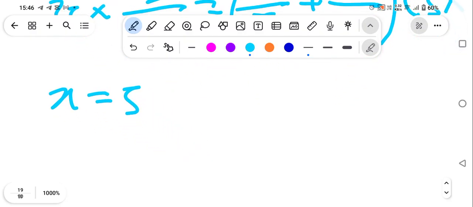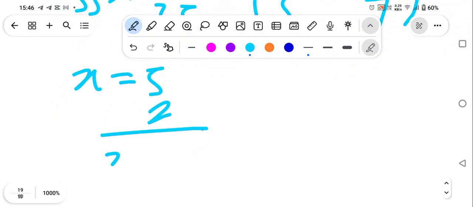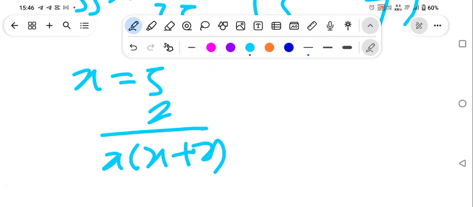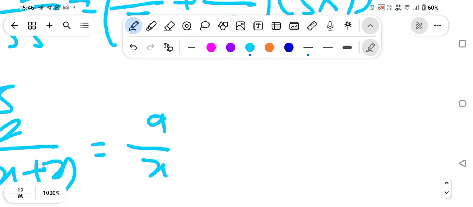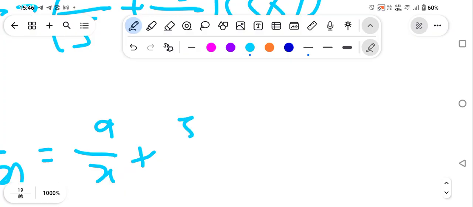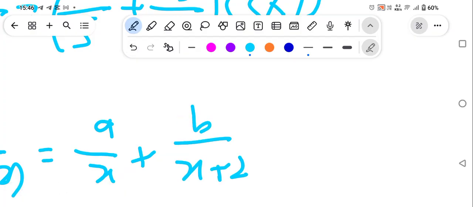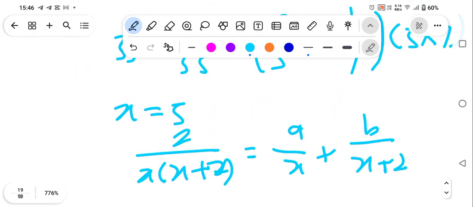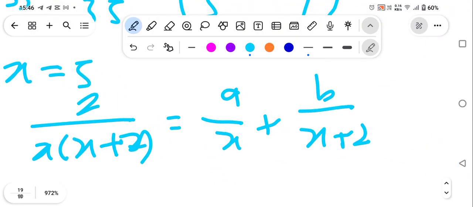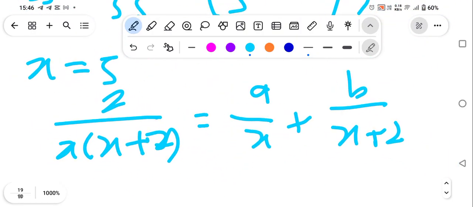We have 2 over x times x plus 2, because 7 is 5 plus 2. So we need to break it into a over x plus b over x plus 2. So now, by letting x equal 5, we need to split our fractions in this form.